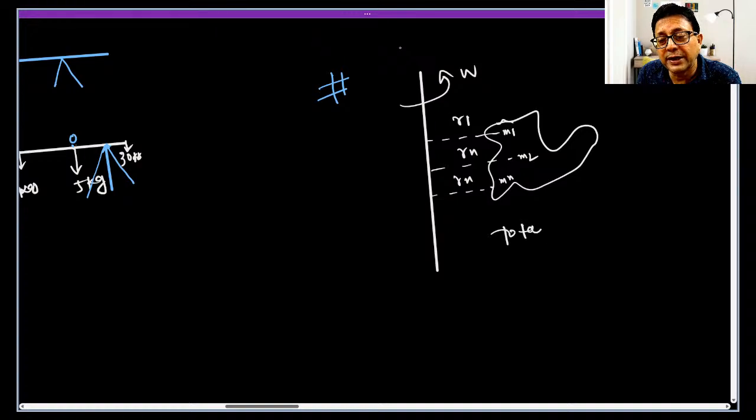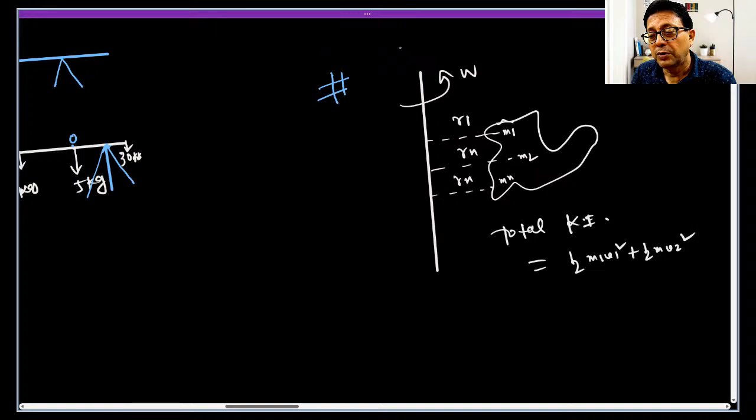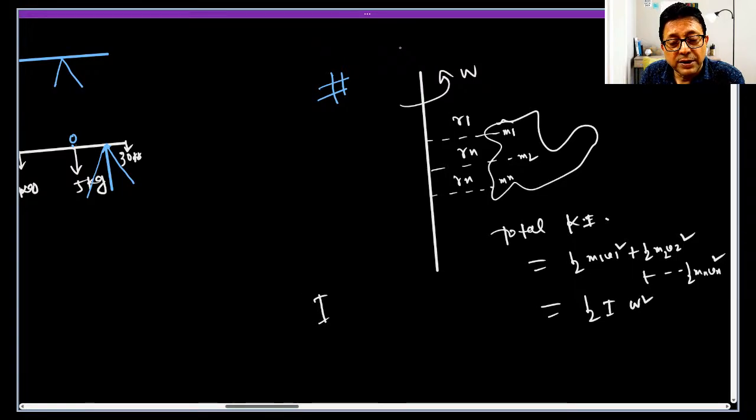Then total kinetic energy is given by half m1 v1 square. We have simplified it. I am not doing the simplification, just writing up to mn vn square. In this class only we have proved that it is half I omega square.